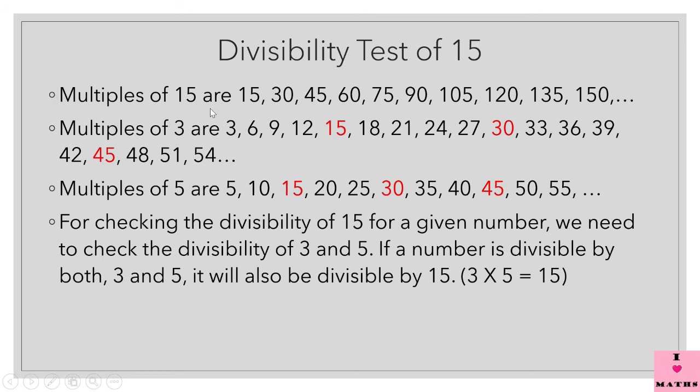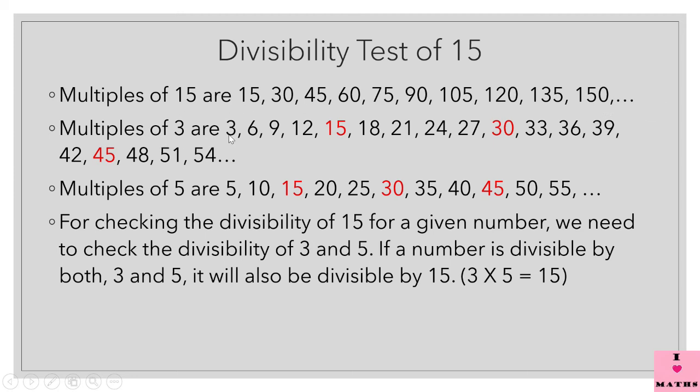Multiples of 15 are 15 ones are 15, 15 twos are 30, 15 threes are 45, 15 fours are 60, 15 fives are 75, 15 sixes are 90, 15 sevens are 105, 15 eights are 120, 15 nines are 135, 15 tens are 150, and so on.